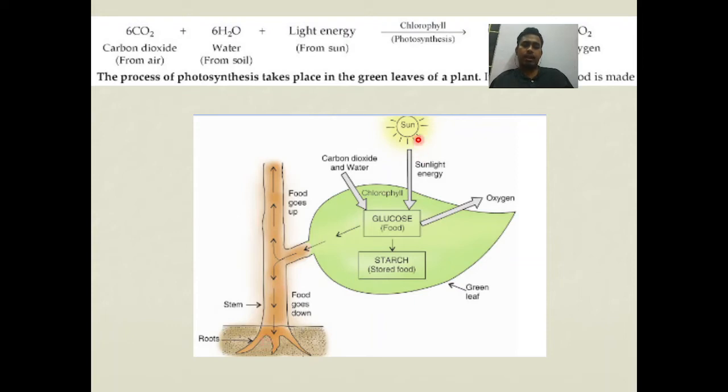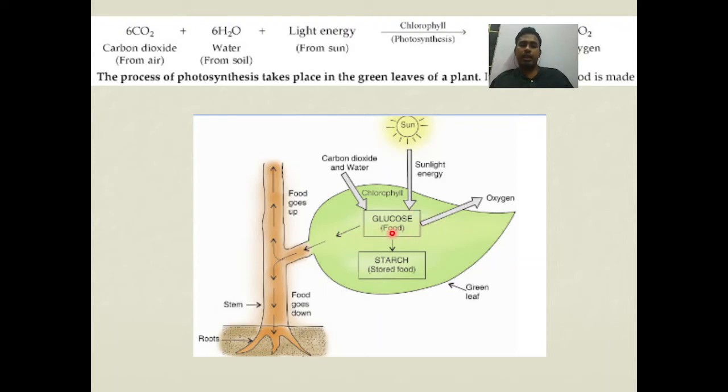Now from the sun, the chlorophyll pigment will be absorbing the sunlight. Then carbon dioxide will be inhaled through the stomata and brought inside the leaves. Now all these three things act as raw materials and they prepare the food by the process of photosynthesis. That food is nothing but glucose.